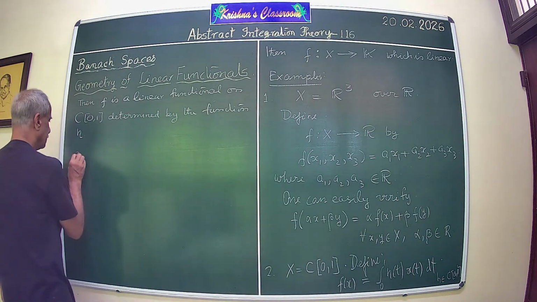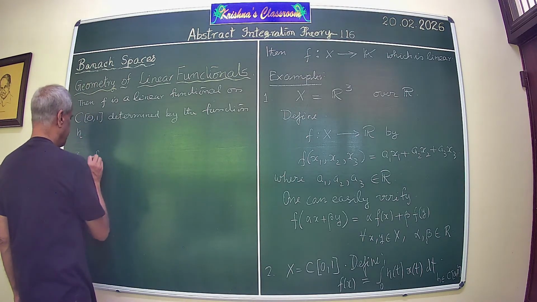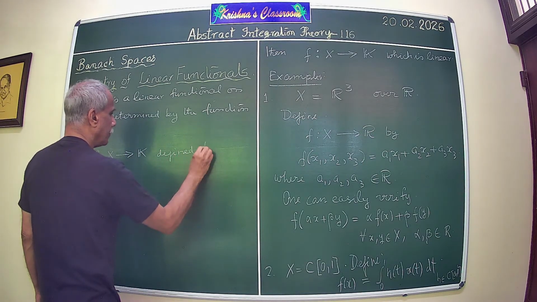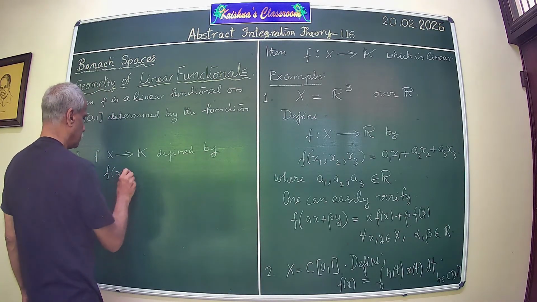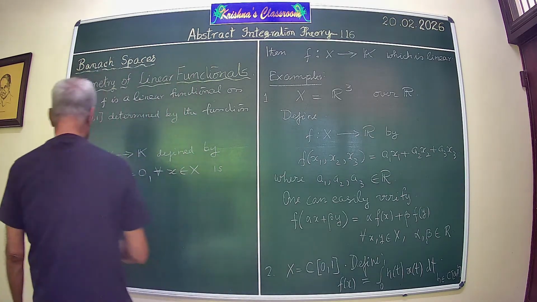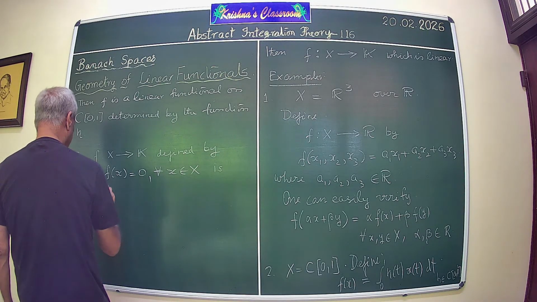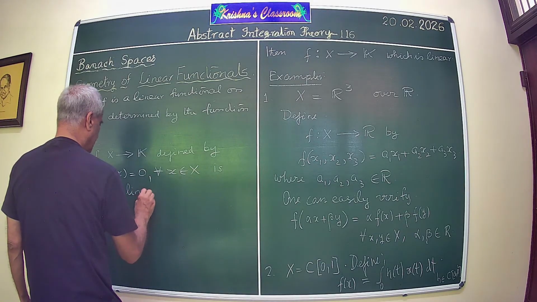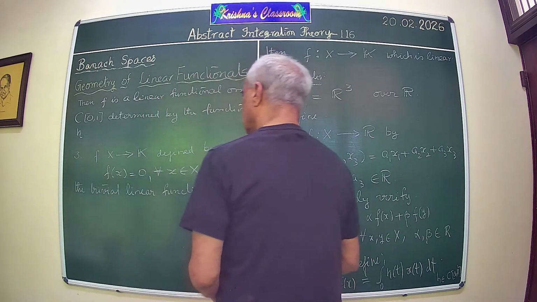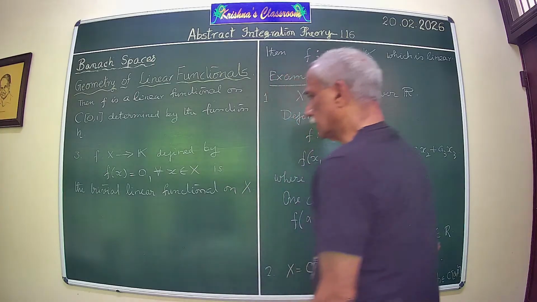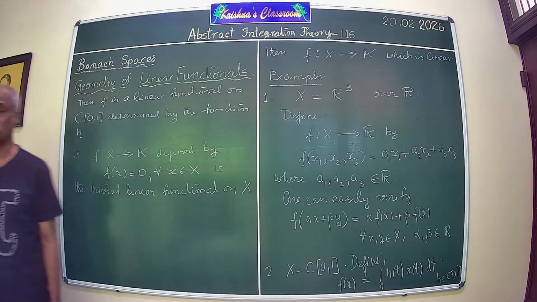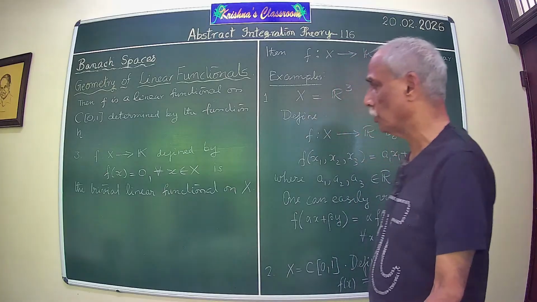And of course, a trivial one is f from X to K that is trivial linear functional on X, that is the function which maps every vector to the zero element of K. This is what you call the zero linear function or the zero linear functional.